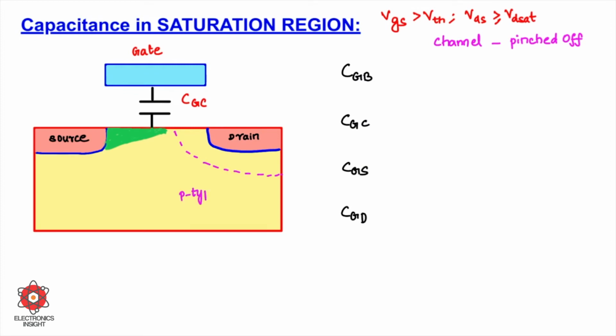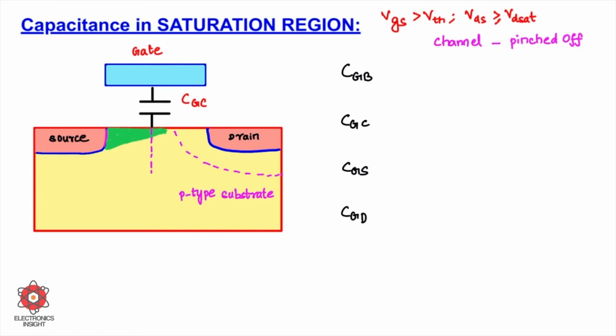So therefore most of the influence for the capacitance will be from the source and not from the drain, and therefore here you can see that it is more on the source side than on the drain side.